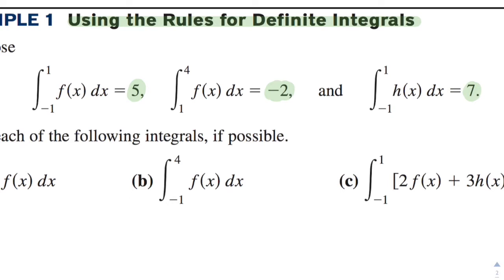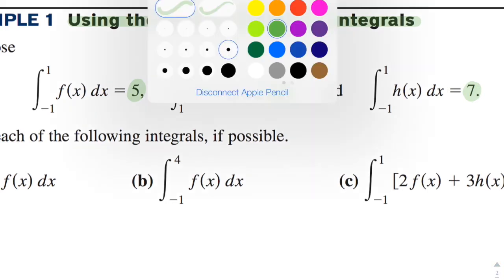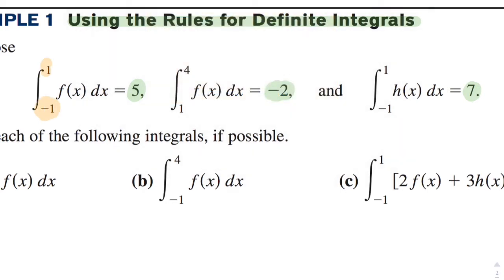We don't need to see, nor do we necessarily care about, what the function looks like. We just know that the area between the function and the x-axis between all of these locations is 5, -2, and 7.